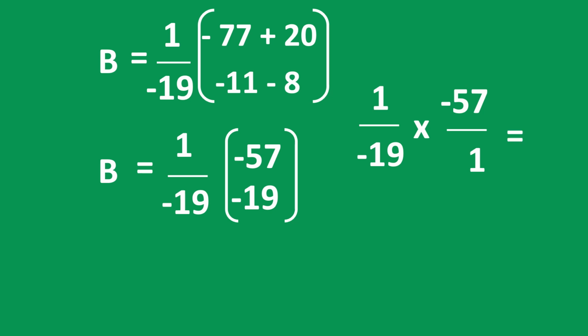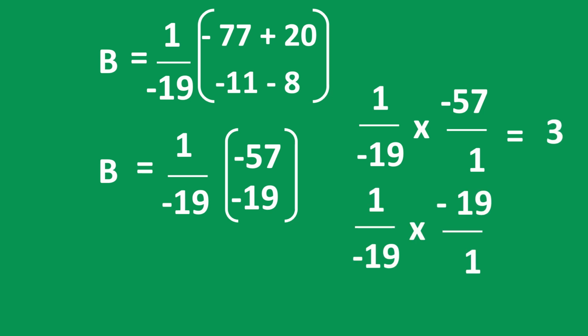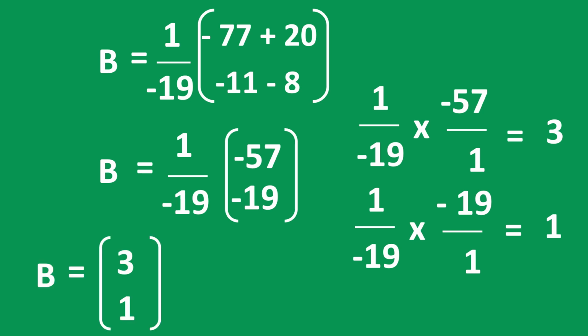The minus cancels the minus. 57 divided by 19 is 3. We'll do the same for the base: we multiply 1 over minus 19 times minus 19, and the minus sign cancels the minus sign. 19 divided by 19 is 1. So our simplification shows that b is equal to 3 over 1.